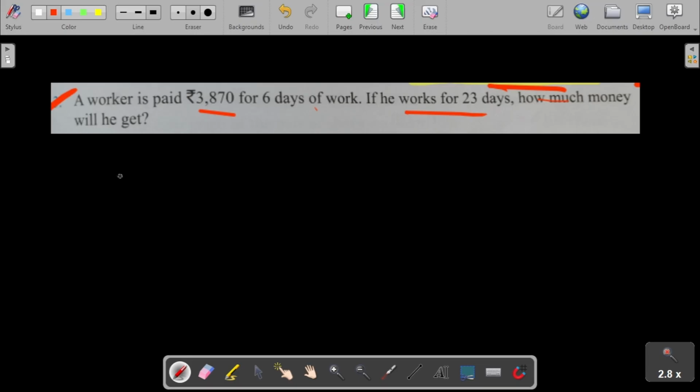Okay, so write the solution. 6 days of work.